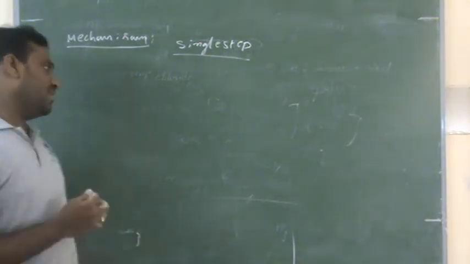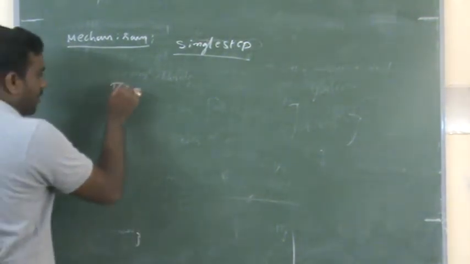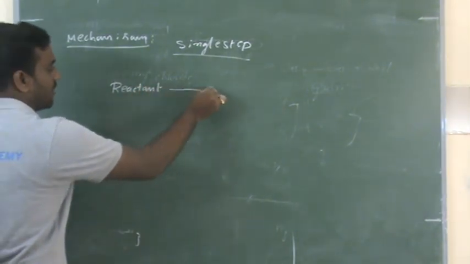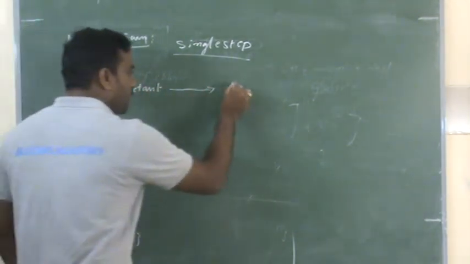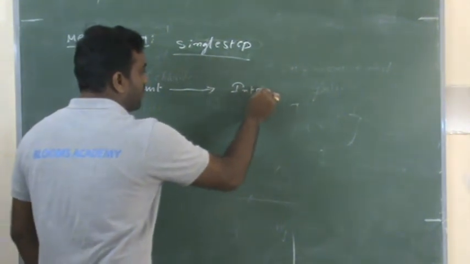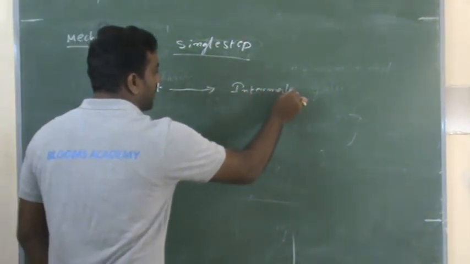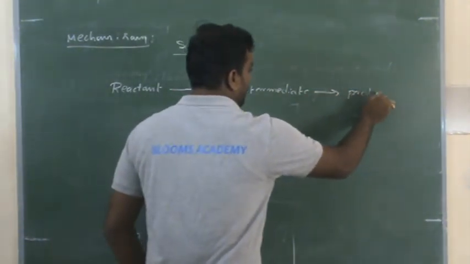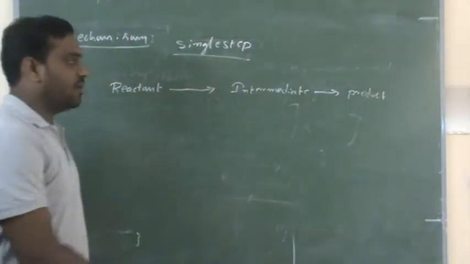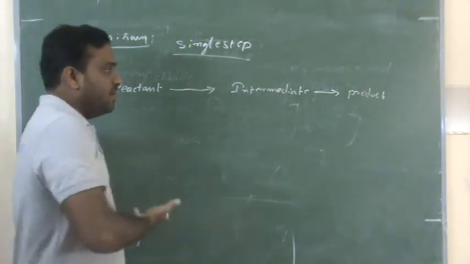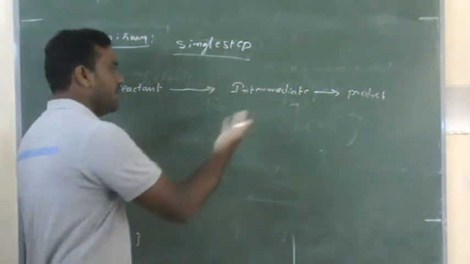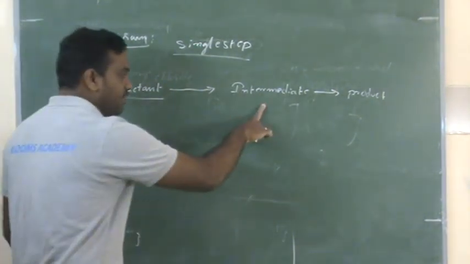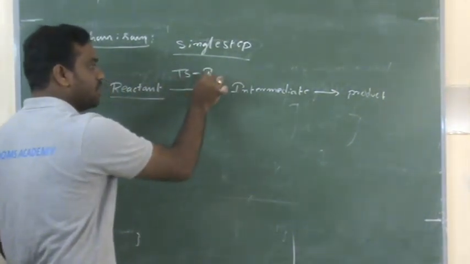Okay, suppose I said already, if we have one reactant molecule, this reactant molecule is able to form an intermediate, and this intermediate is able to form product. This is how one chemical reaction proceeds, but in some chemical reactions there are no intermediates. Suppose the reactant molecule forms one intermediate, it means there is transition state 1.